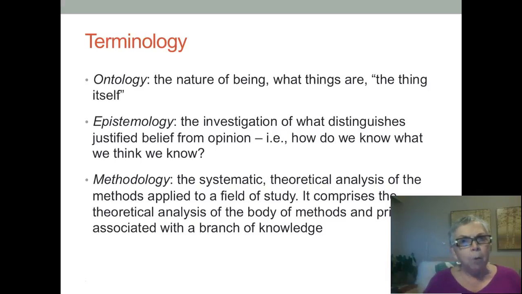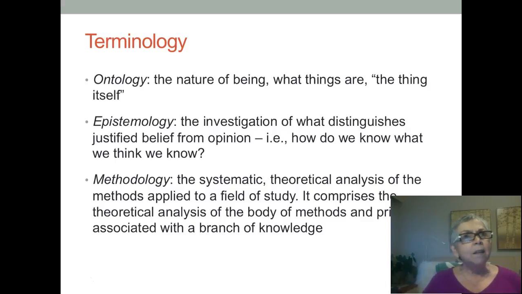justified belief from opinion. Some of you in your observations, for example, you might have noticed me making a little comment about, can you really make this conclusion based on the evidence that you provided? And you might have thought that I was being extra picky, and maybe I was, but I just wanted you to start thinking about how we oftentimes do not differentiate between justified belief and opinion.